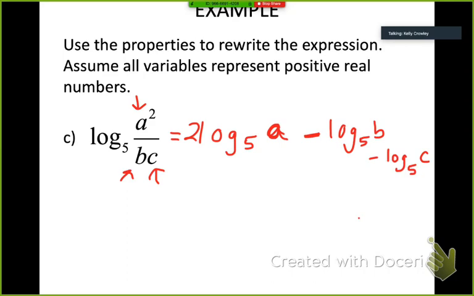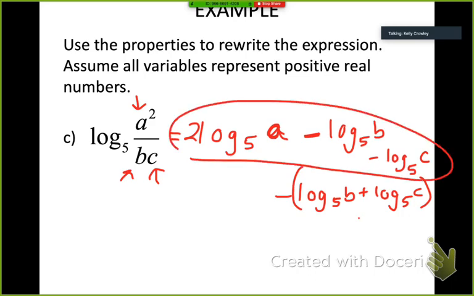Okay, so if you have two things in your denominator, then you're just going to subtract each of those from the whole thing. So it really would be two minuses. Because if you think about the b and the c on the bottom as a product, it would kind of be the same as minus the product of log base 5 b plus log base 5 c. And then when you distribute that negative, it would go back to what we originally had there.